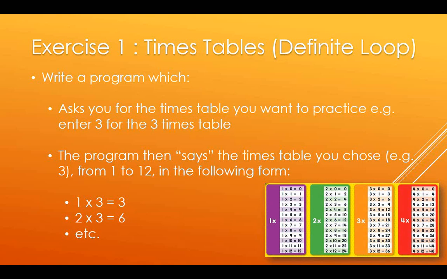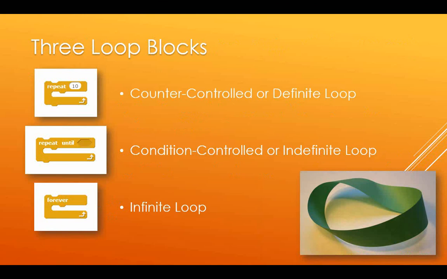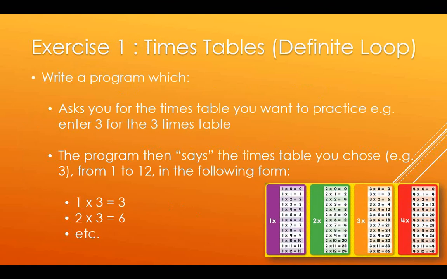So 1 times 3 is 3, 2 times 3 is 6, and so on. Having just gone through our loops, we're obviously going to use the repeat loop because we want to do a 12 for each one. Then we're going to use our join blocks to get our numbers into a little sentence. And then we're going to use some maths, obviously, to do the multiplication to get the answer. Go.